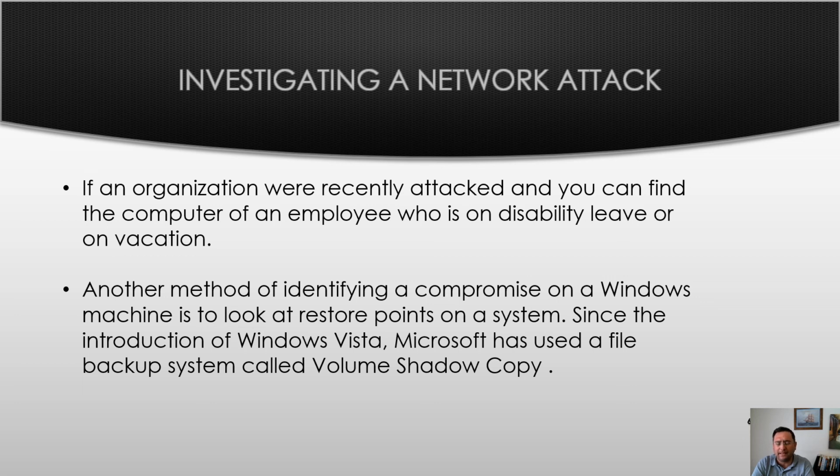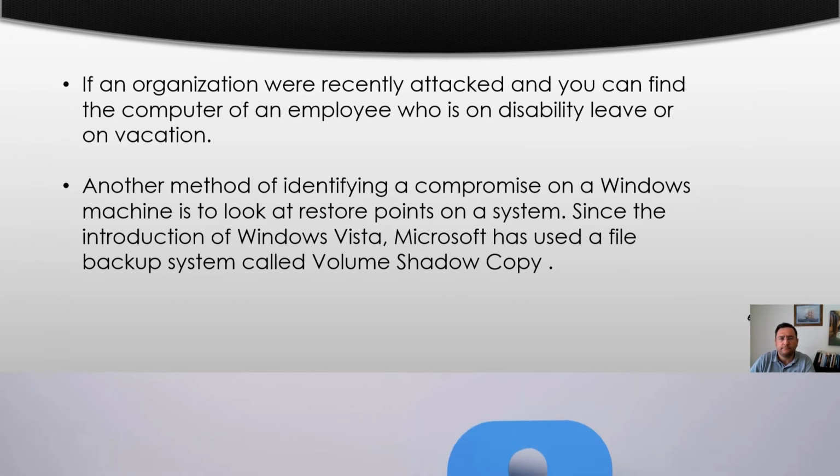Another method of identifying a compromise on a Windows machine is to look at restore points on a system. Since the introduction of Windows Vista, Microsoft has used a file backup system called Volume Shadow Copy.